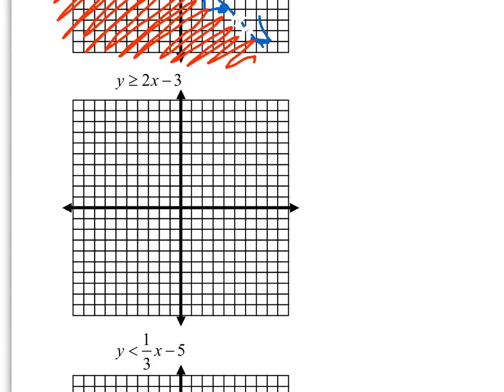Let's look at one more example. All right, y is greater than or equal to 2x minus 3. And what is my slope here? Raisa? And my y-intercept, Janelli?